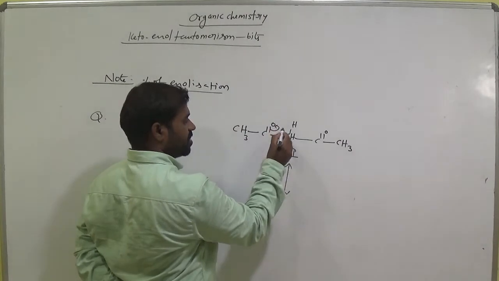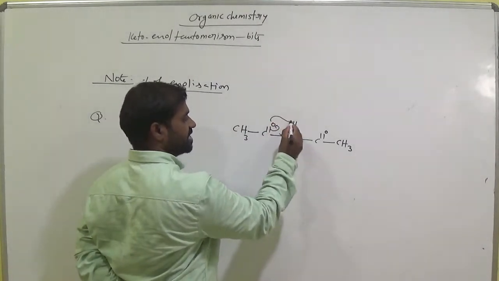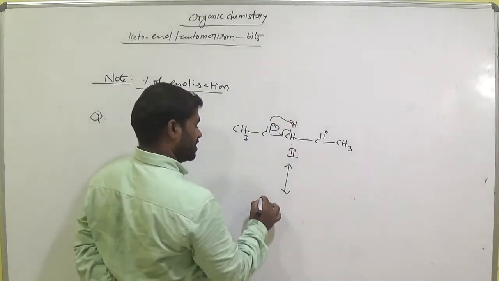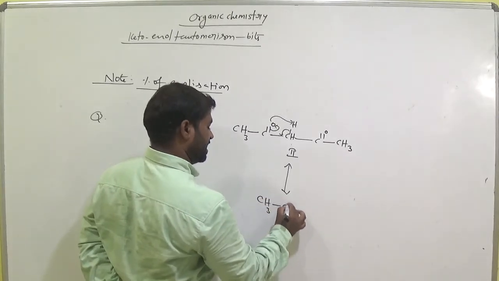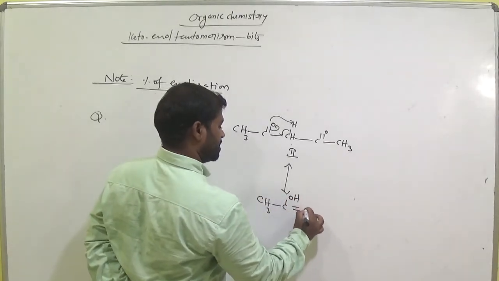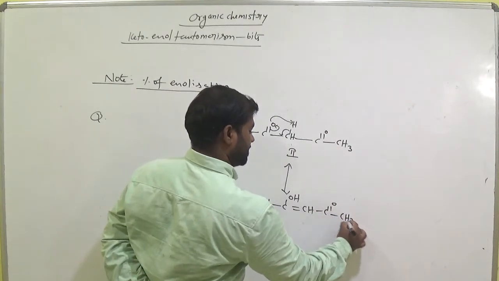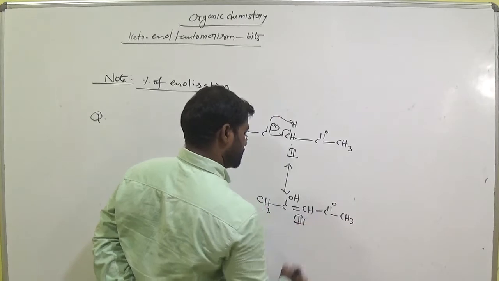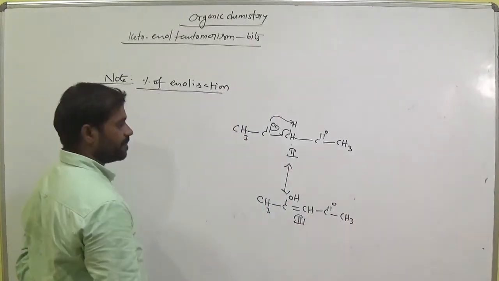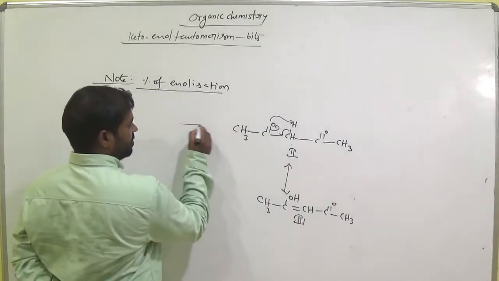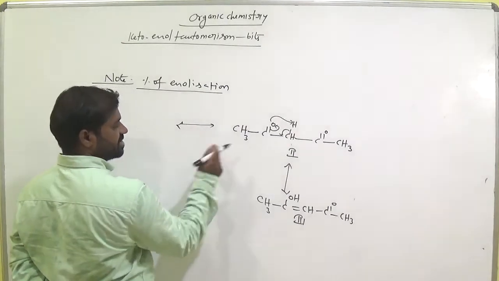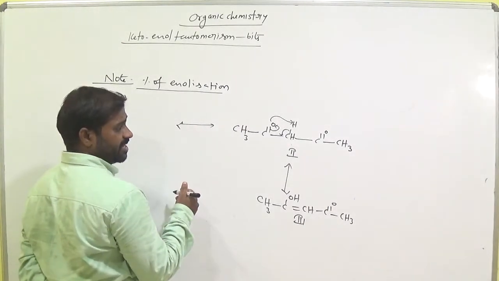Okay, so now this bond is here, this bond is here, this oxygen attracts this hydrogen. Okay, now what we are expecting: CH3, C bond OH, double bond CH bond C double bond O, CH3. This is the third compound.